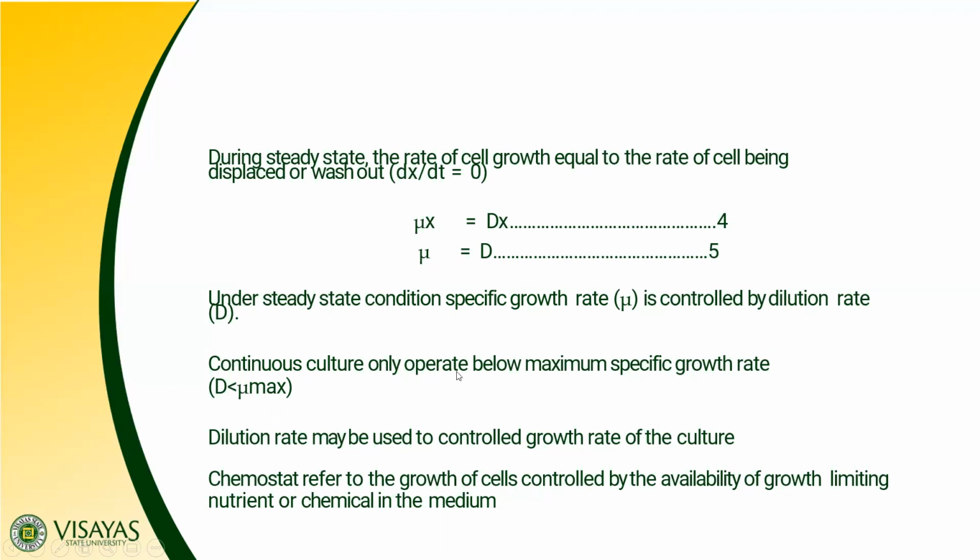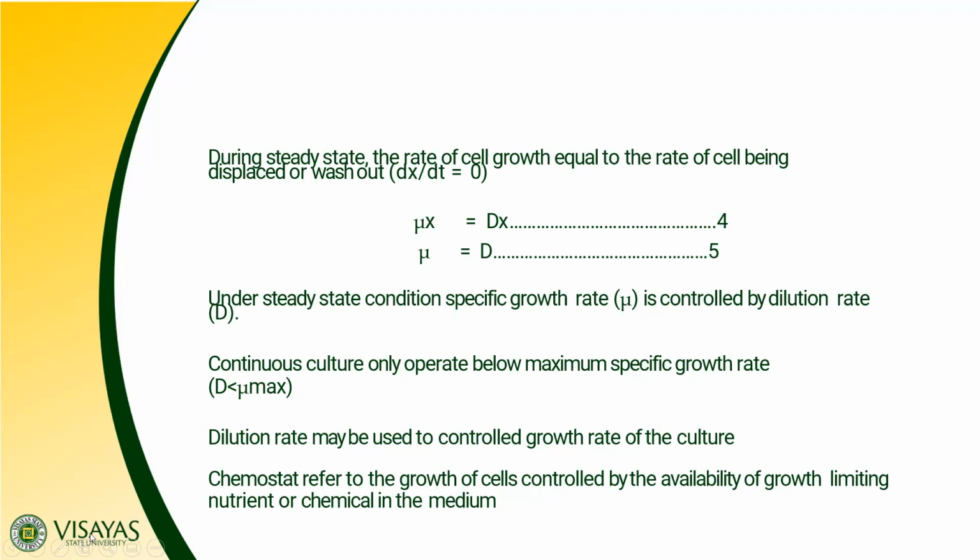Continuous culture can only operate below the maximum specific growth rate, meaning the dilution rate must be controlled so that it is lower than, not greater than, the maximum specific growth rate.